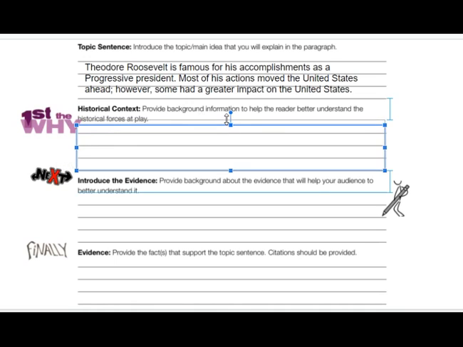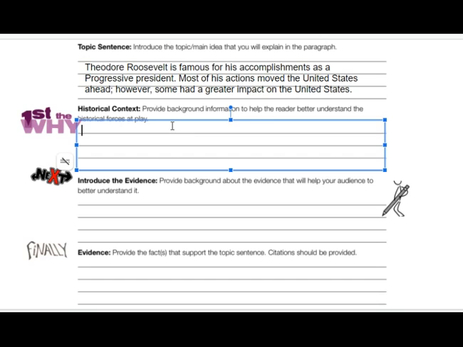During industrialization, let's talk about that, right? After the Civil War, the United States moved ahead with factories and technology.